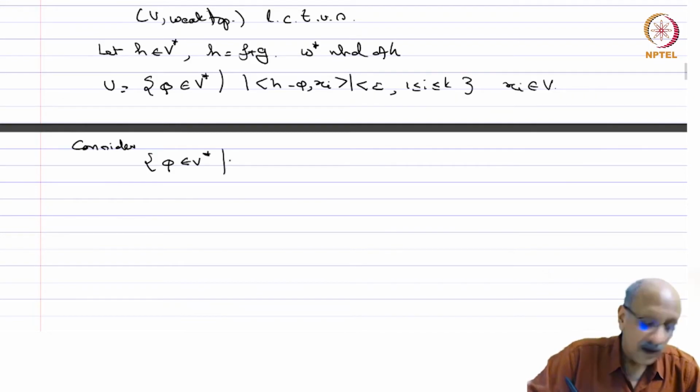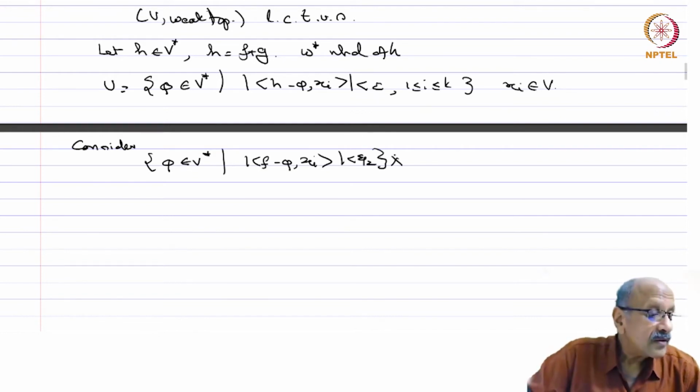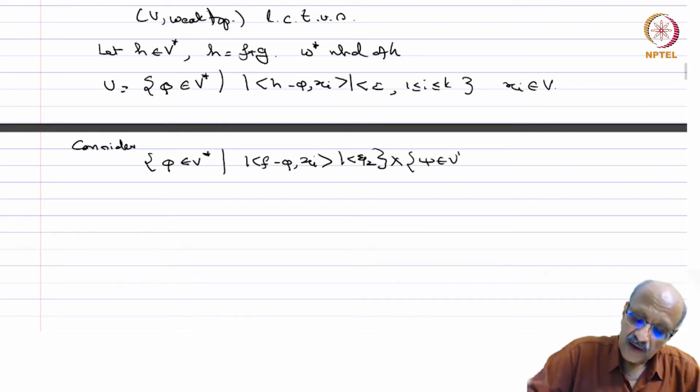such that mod f minus phi xi is less than epsilon by 2, cross the set of all psi in V star such that mod g minus psi xi is less than epsilon by 2.